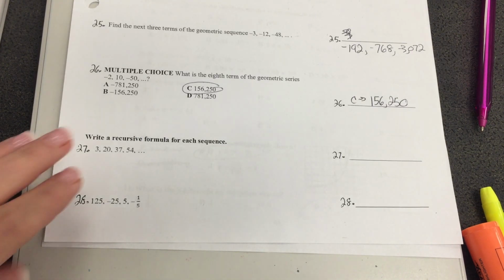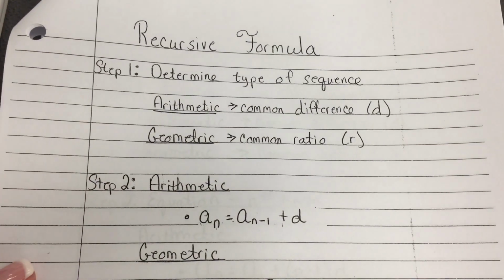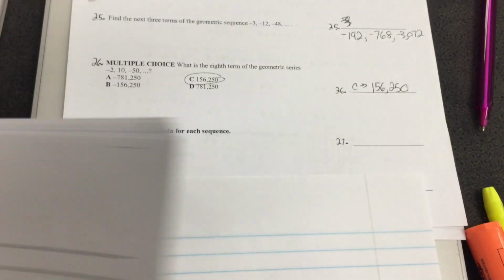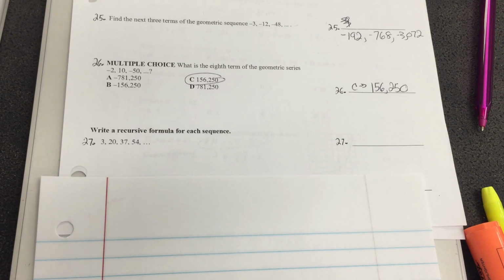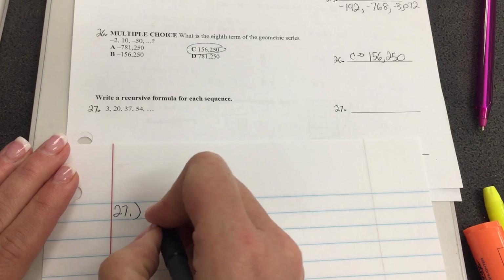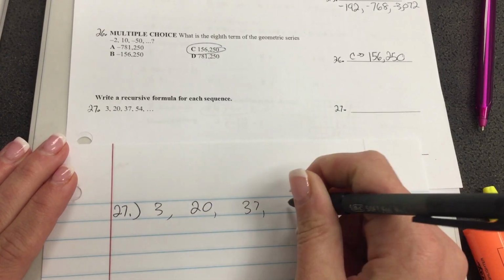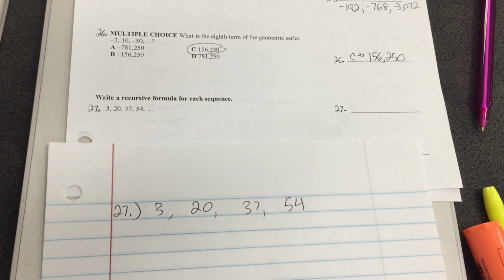Write the recursive formula for each sequence. Okay, so this isn't giving me anything but a sequence, and it's telling me to write the recursive formula. For a recursive formula, the first step is to determine if it's arithmetic or geometric. Okay, so let's do that first. 27. We have 3, 20, 37, 54.